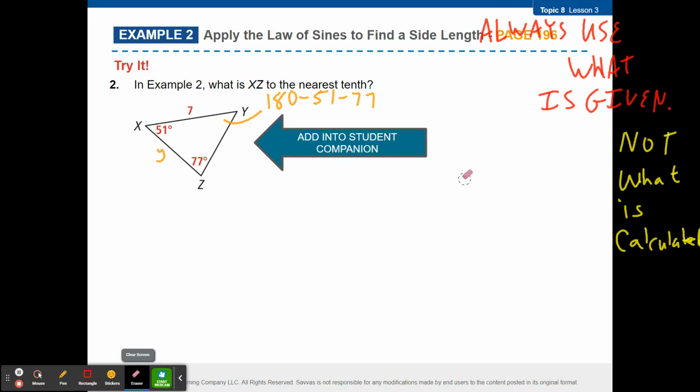Okay. What's the answer? 5.7. Very good. Does anybody need to see this? You do? Okay. All right.